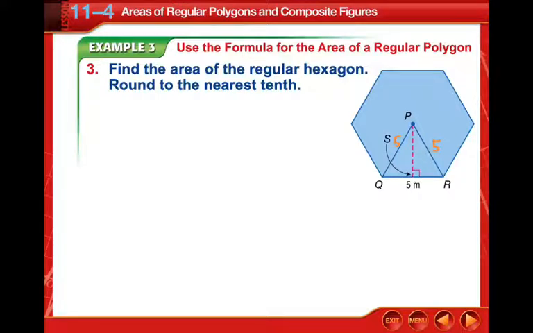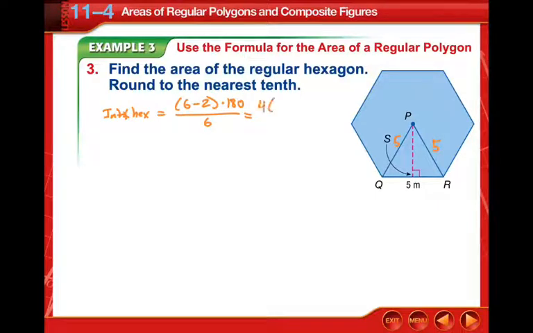We don't have the height though, but the nice thing here, again, this is why you need to know the central angles and how to find the interior angles. So the interior angle of a hexagon is going to be the number of sides minus 2 times 180 divided by 6.